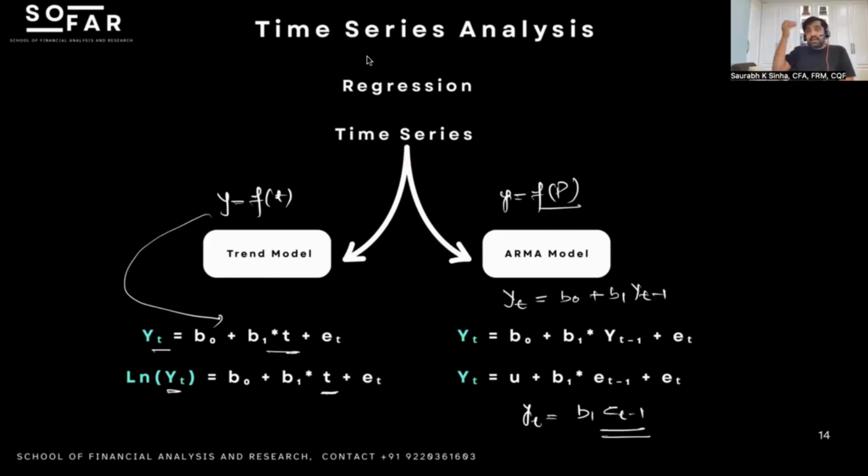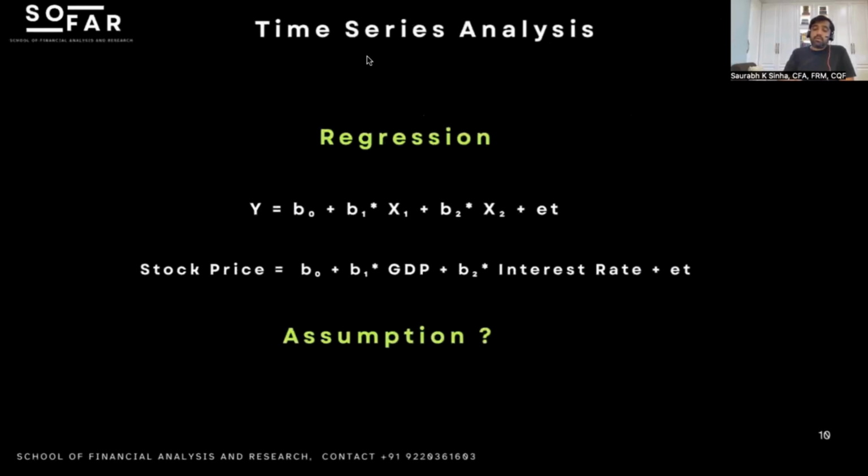If time series analysis is a subset of regression, then I have to remember the assumptions that we have studied in regression, and they have to hold true, but not every assumption, because the entity is very different. It is time, and you have to respect time.